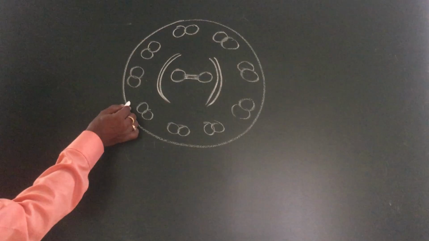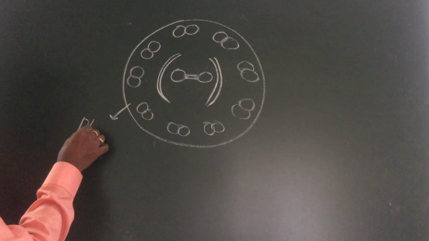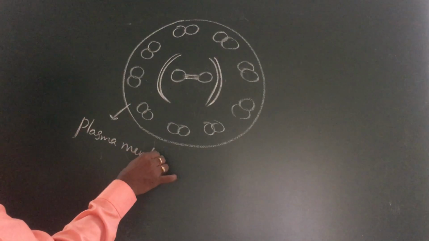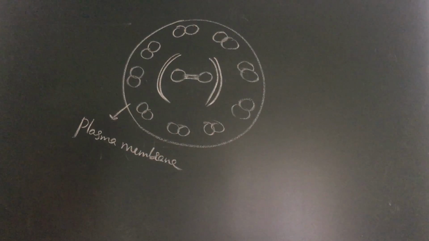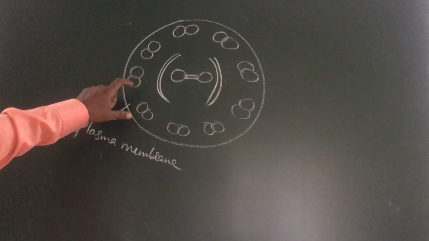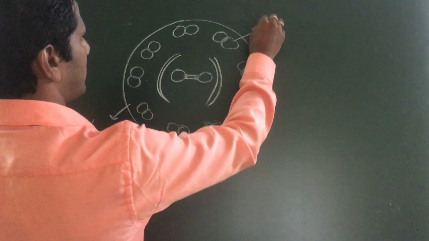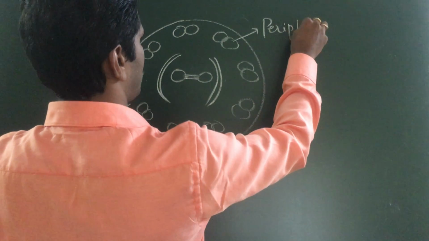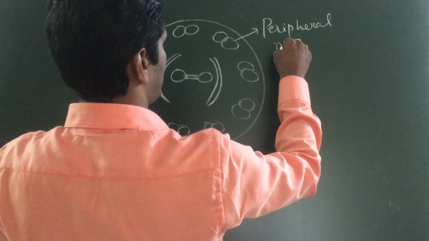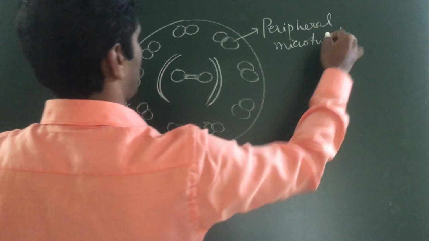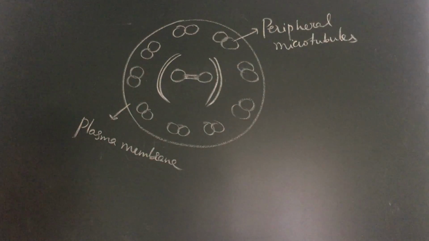So this is the plasma membrane. Next, these are peripheral microtubules. Those are pairs, no?